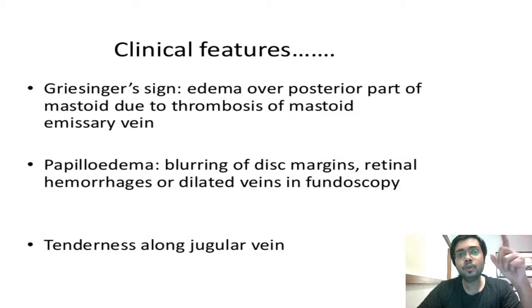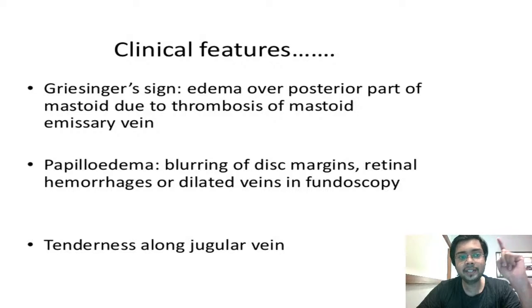Again, one more swelling is seen in the post-auricular region, where in case of lateral sinus thrombosis due to obstruction of emissary veins, you get edema over the posterior part of the mastoid, and that sign is called Griesinger's sign. It is edema over the posterior part of the auricle due to obstruction of the emissary vein caused by sigmoid sinus thrombosis as a complication of unsafe chronic otitis media.